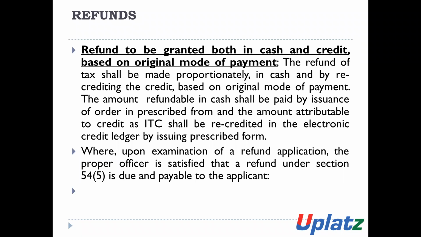Means the amount which is refundable in cash shall be paid by the issuance of an order in the prescribed form, and the amount required to be credited will be credited in the electronic credit ledger account by issuing the prescribed form.